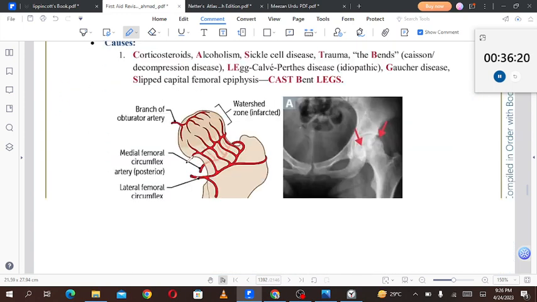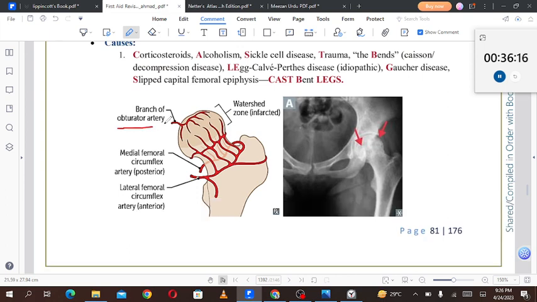Presentation. Here you can see the watershed area. Why so? Because there is a branch of the obturator artery in the ligament to the head of the femur, that is the ligamentous artery basically. So the branch of the obturator artery supplies this zone, and the branch of the profunda femoris artery, that is the medial femoral circumflex artery, supplies this zone.